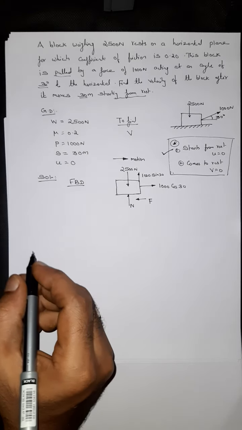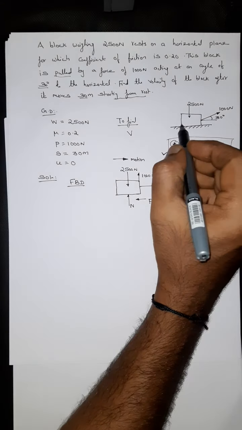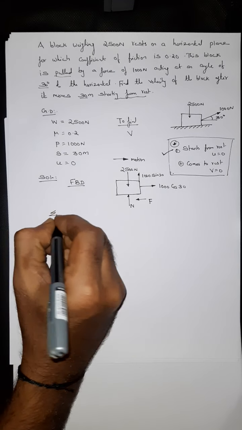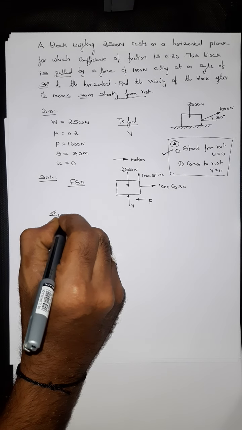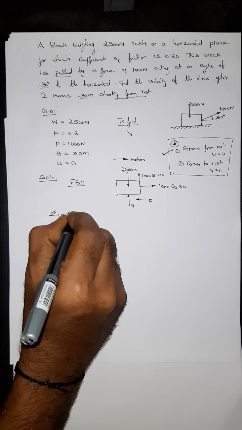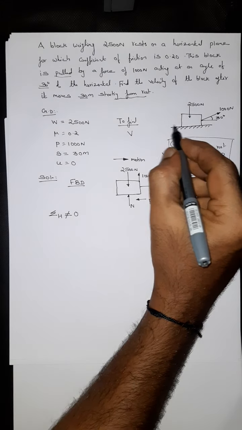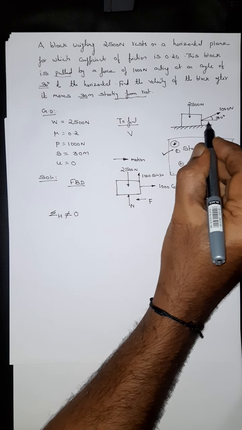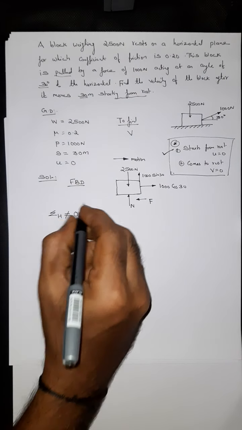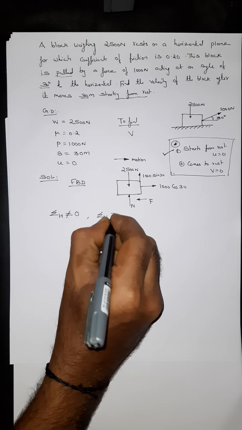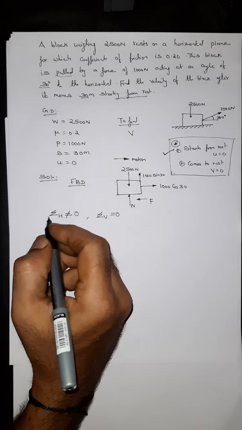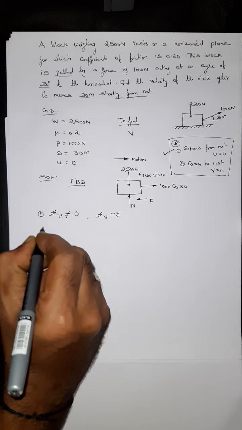Now I'm going to apply the conditions here. The body is moving in the horizontal direction. Therefore the condition here is summation H is not equal to 0, but summation V equal to 0. That is the first condition.